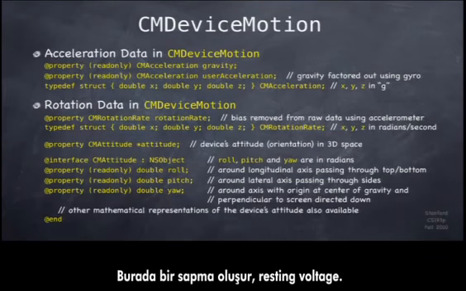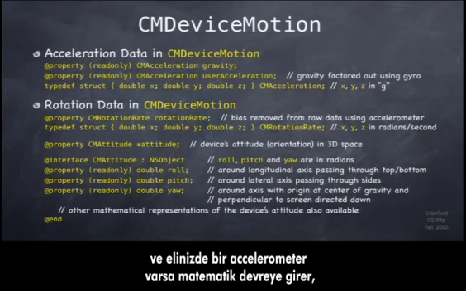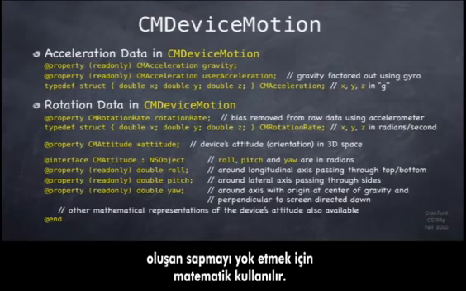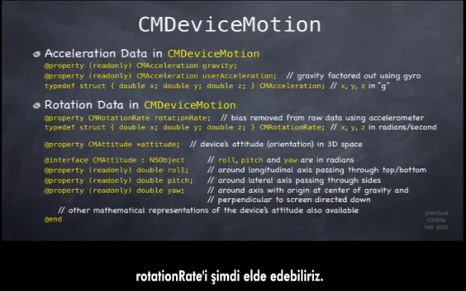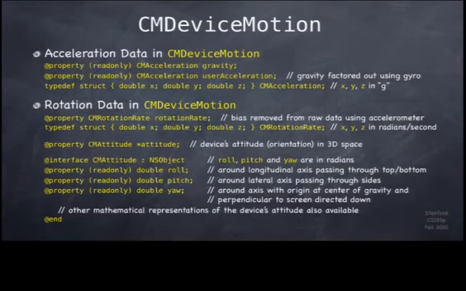It has a certain bias, a resting voltage. But if you know where gravity is pointing and you have an accelerometer, there is math, not super complex, that will help take that bias out. So now you get the rotation rate, but it's really cleaned up, it has no bias in it.